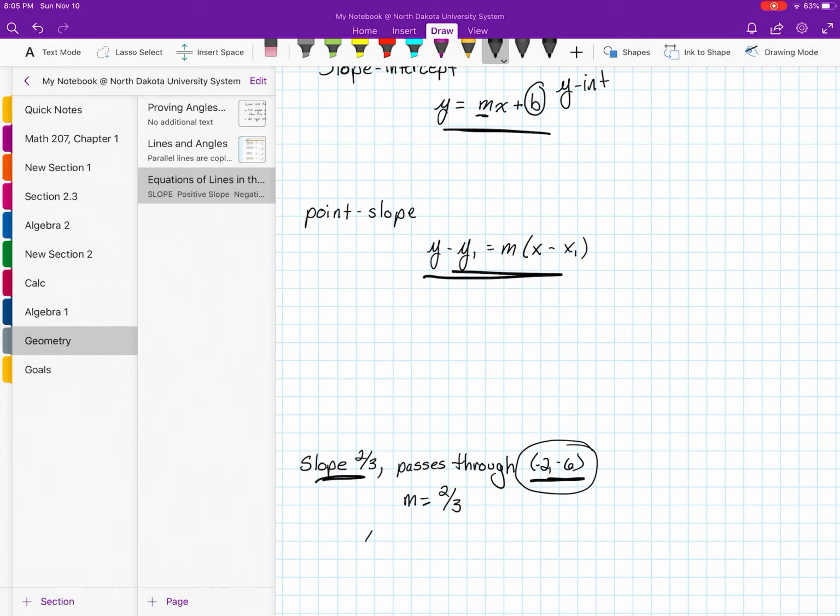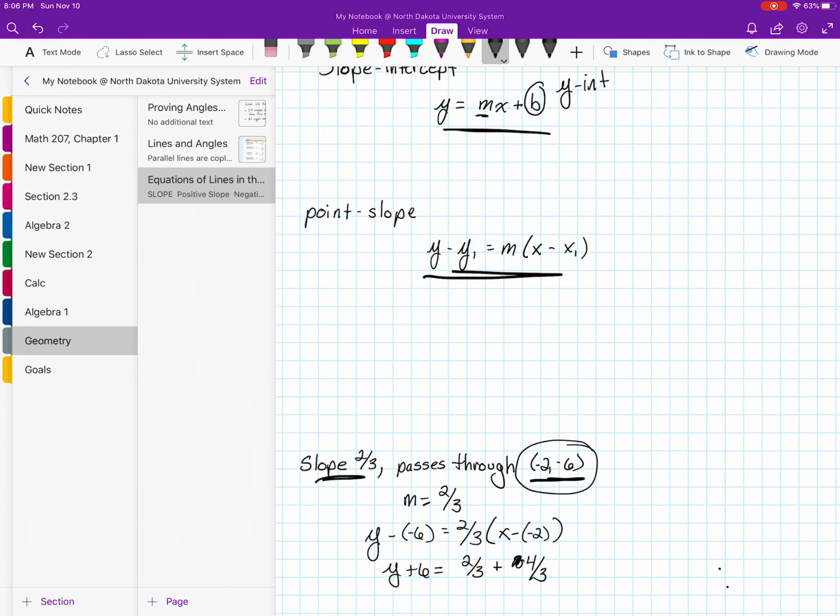And we're going to say y minus this y-coordinate we're given, which is negative 6, so y minus negative 6 equals 2/3 times quantity x minus, again we have a negative, x minus negative 2. And we end up with y plus 6 equals 2/3 x plus 4/3.